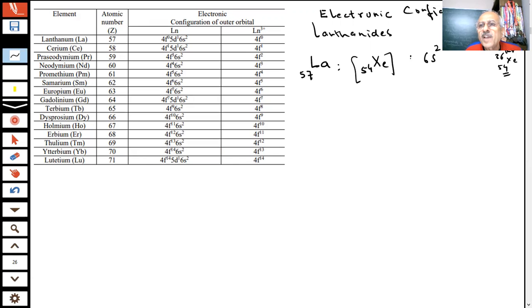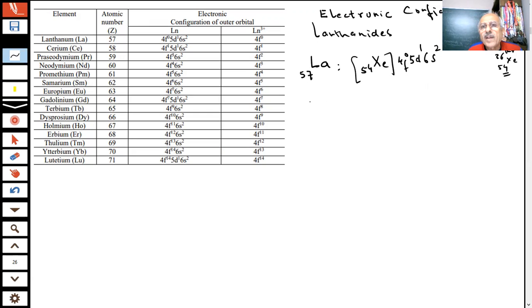And the next one is 5d1. After this is 4f0. Does it complete 57? Yes, sir. I am learning the electronic configuration of these elements. There is no electron in F, therefore it does not belong to the F block, but still it belongs to the lanthanide series. They are kept in that lanthanide series.